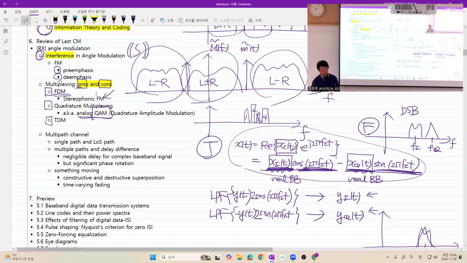But anyway, analog QAM's descendant is used in Wi-Fi. Also, our 4th generation LTE cellular standard and 5th generation NR standard also employ OFDM with QAM data symbols. So QAM is very, very important.